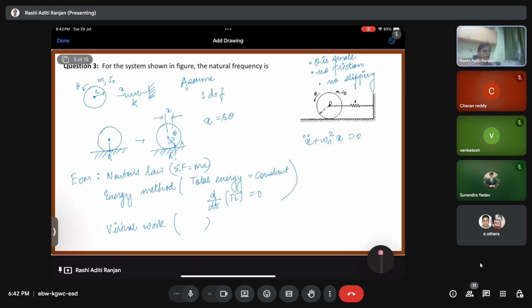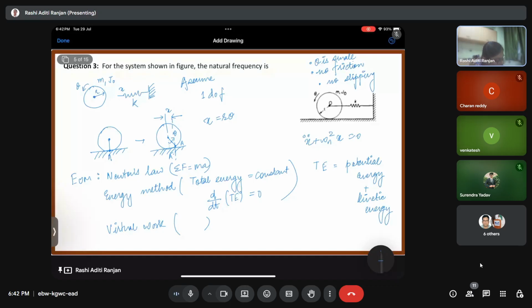Now, I need to find the total energy. The total energy is going to be potential energy plus kinetic energy. Now, only my spring is going to store the potential energy, right?